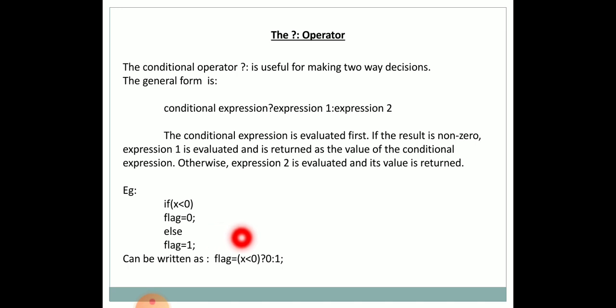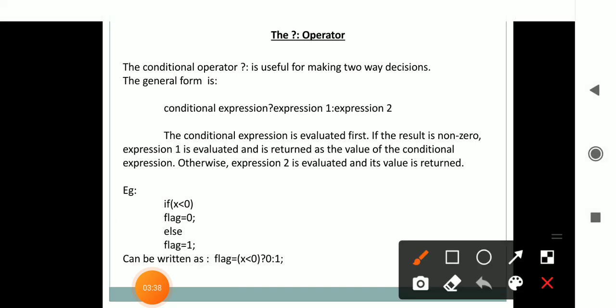The same part of coding can be rewritten using a ternary operator, conditional operator, flag equal to x less than 0. So x less than 0 is our conditional expression. At first, this conditional expression will be evaluated.